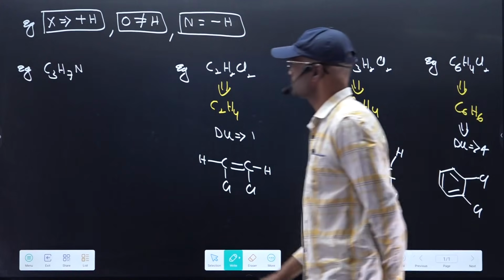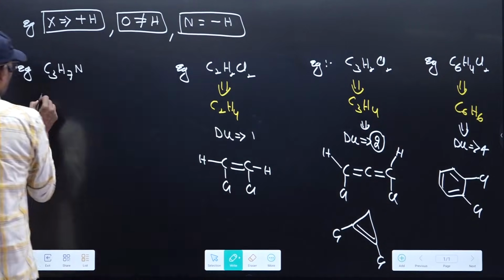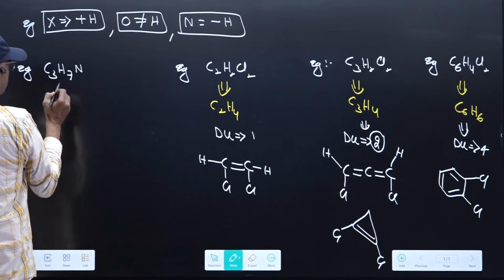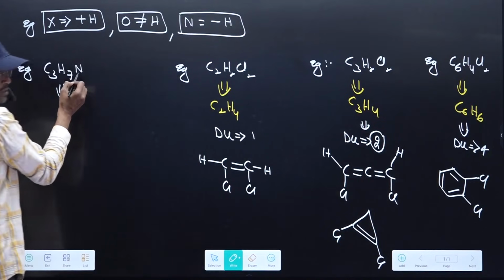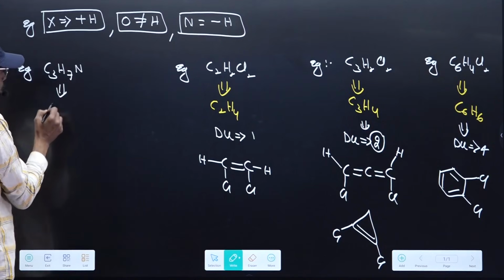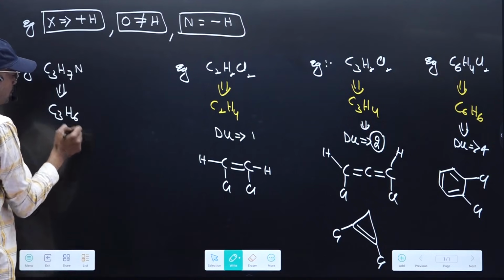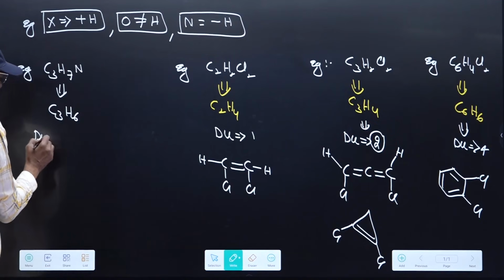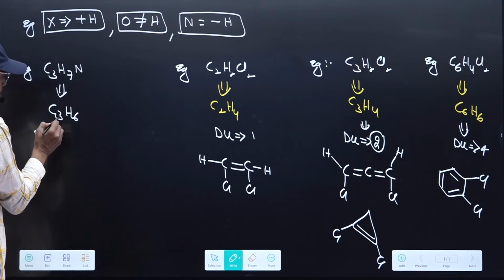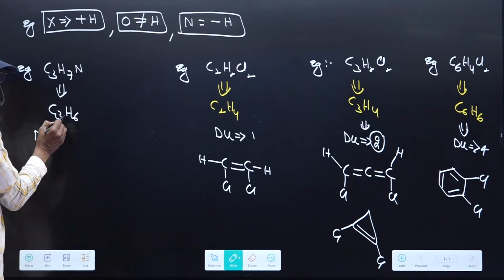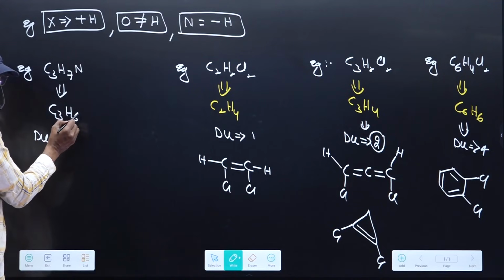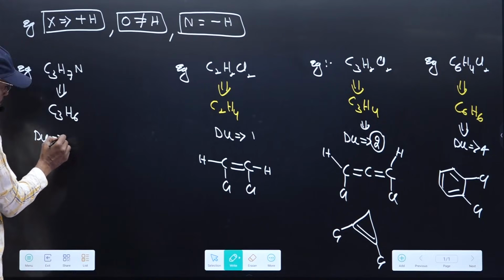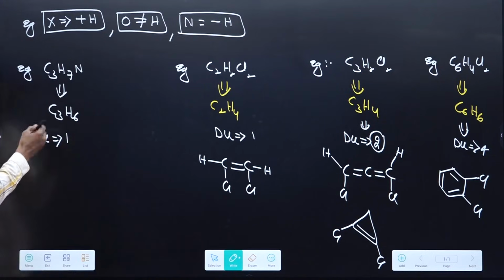Every nitrogen is equal to minus 1 hydrogen. See how many nitrogens are present? 1. So can I remove 1 hydrogen? Then what is the formula? C3H6. Then calculate DU for this formula. DU is equal to double the number 6, 6 plus 2, 8 minus 6, 2 by 2, 1. Now DU is over.